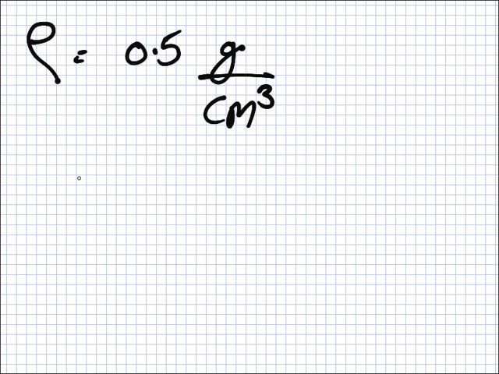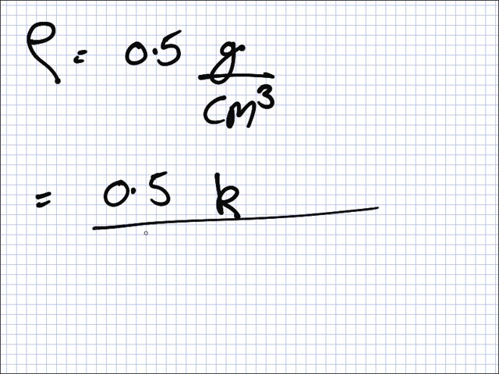Let me change that to kilograms per meter cubed. What will I need to put beside the gram? A kilo. Do I want the centi? No, so I'll just take it out. Centi cubed, meter cubed.